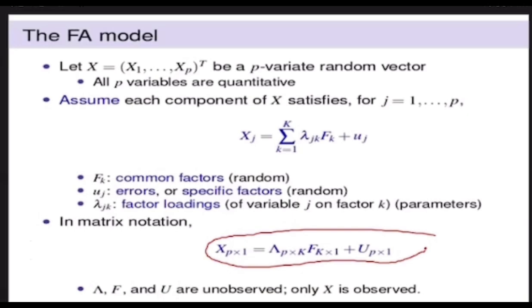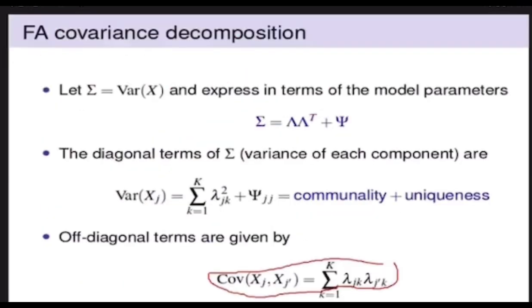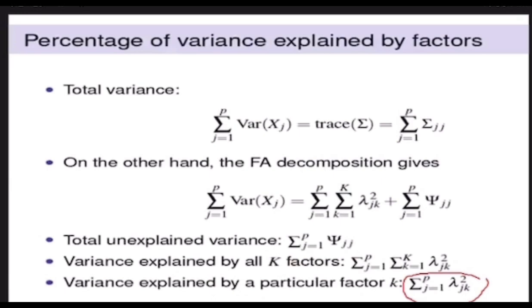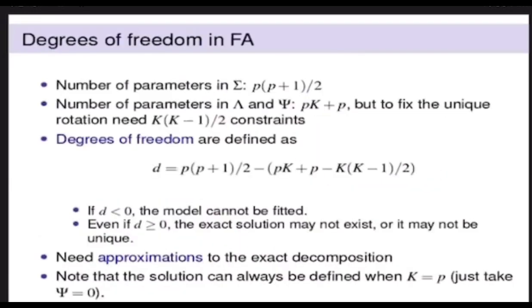We don't want a situation whereby the number of parameters will be more than the information available. I'm going to say that again. We don't want a situation whereby the number of parameters to be estimated will be more than the number of pieces of independent information. And because of that, we need a degree of freedom.